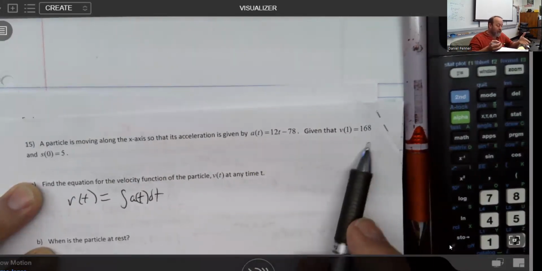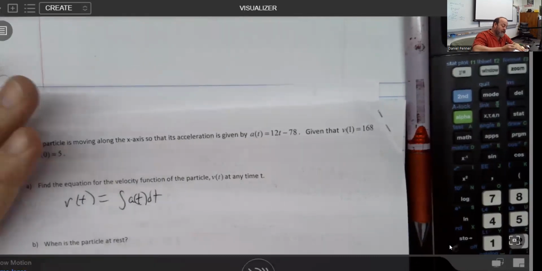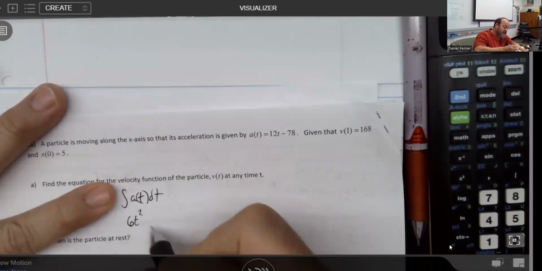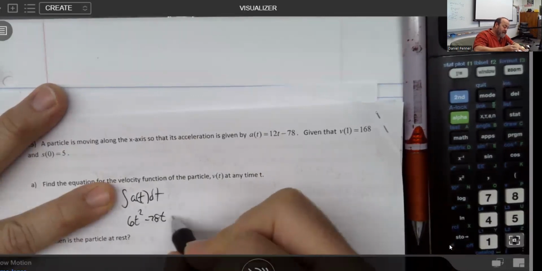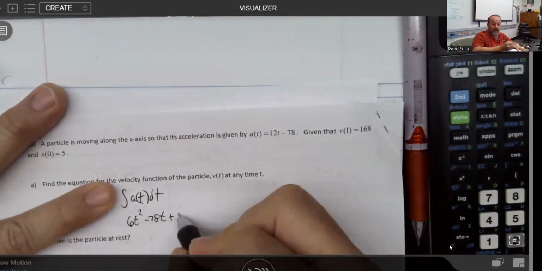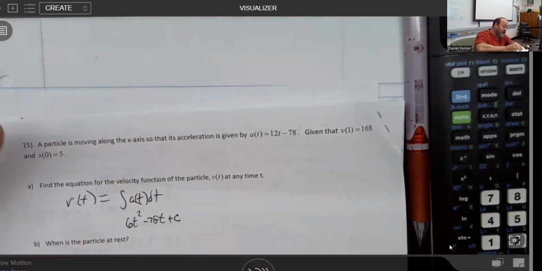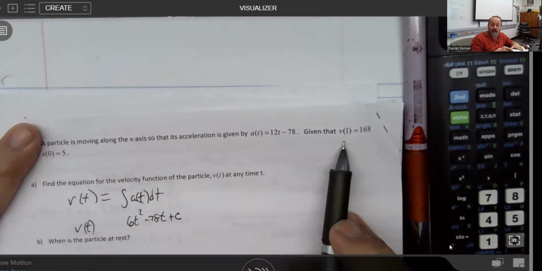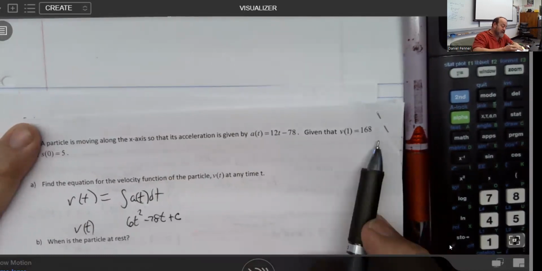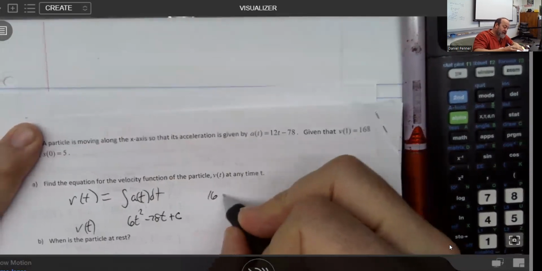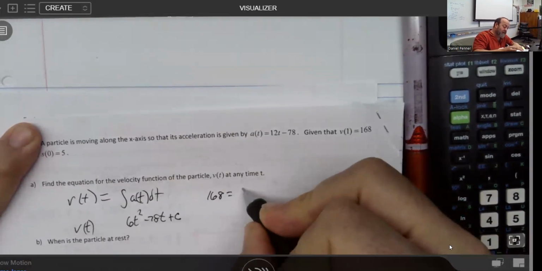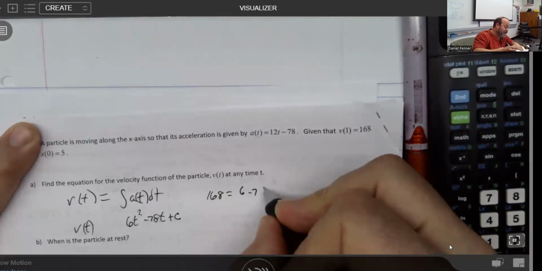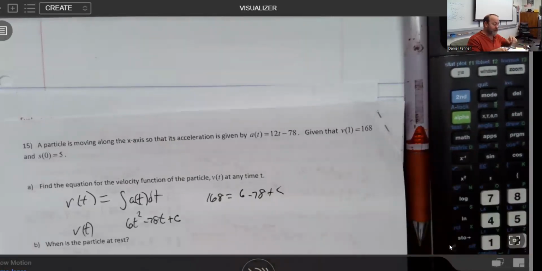There's a couple of ways that we could do that. One way would be to take the antiderivative and get 6t squared minus 78t plus some constant c, and that would be the velocity at some time t. But they did give me the fact that the velocity at 1 second was 168. So I could put 168 here, plug in the number 1 for each of the t's, and find out what c happens to be, which is not too bad.